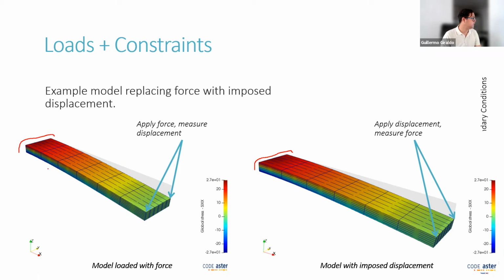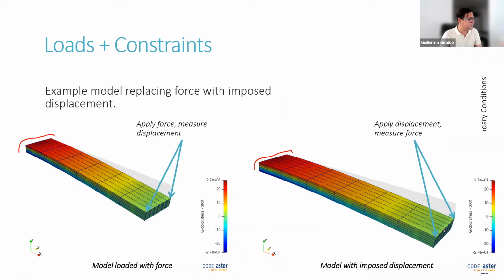And you can see from the stress distribution and the stress scale, this is the normal bending stress, sigma xx, that the ranges or the levels of the stresses are the same. So I was able to replace a force boundary condition and get exactly the same behavior without using the force.